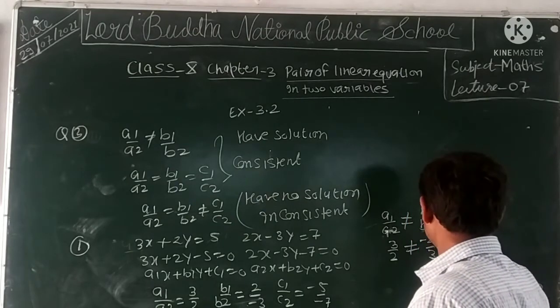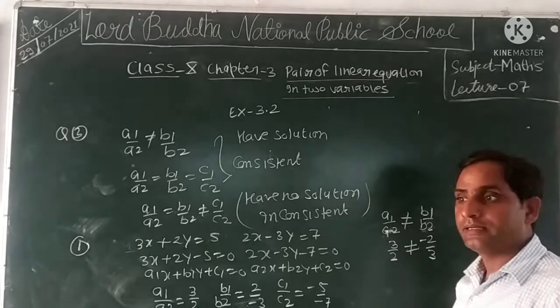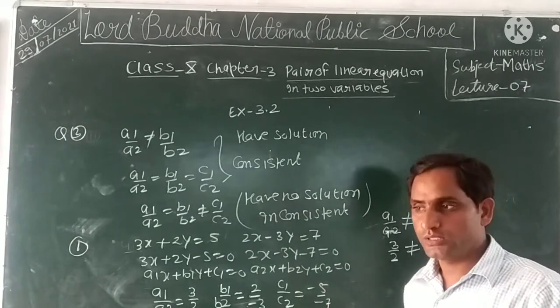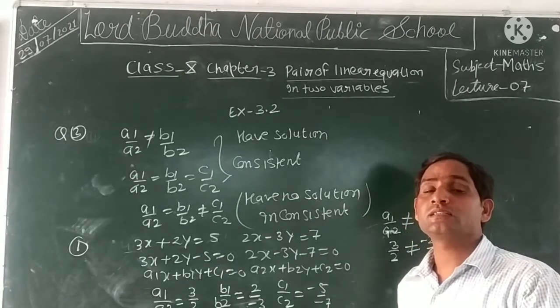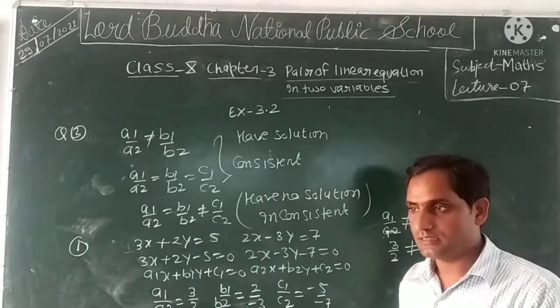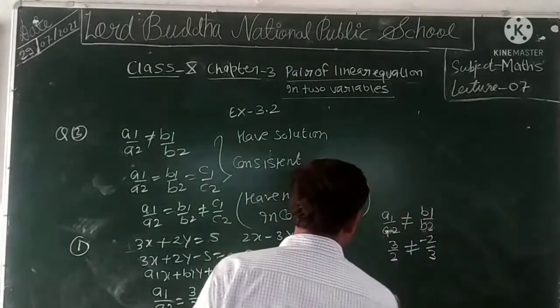This will be intersecting lines, and if it is an intersecting line it will have a solution, and when a pair of linear equations has a solution, it is called consistent. Hence, this pair of equations is consistent.